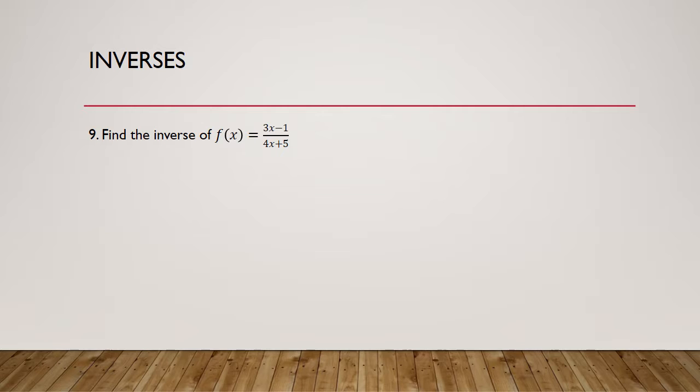So I just flip-flop. So last example, find the inverse of f of x = (3x - 1)/(4x + 5). So first step is to change your f of x into a y. Okay, second step, interchange x's and y's.